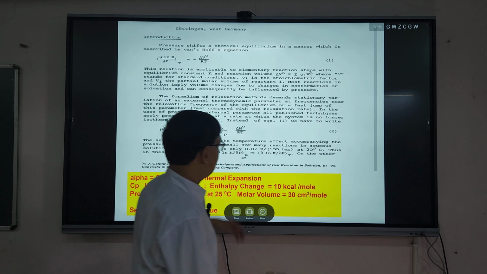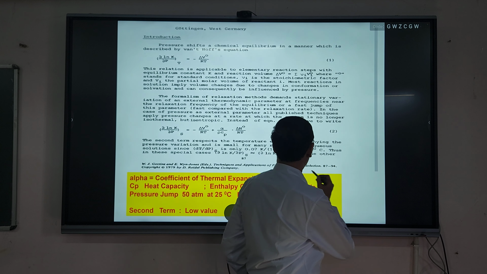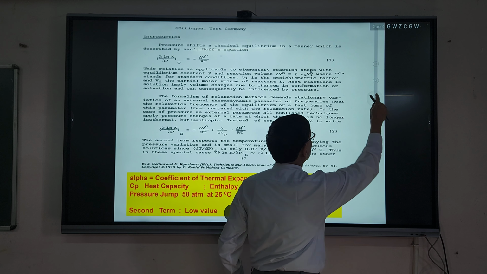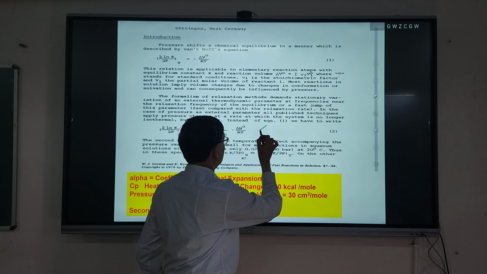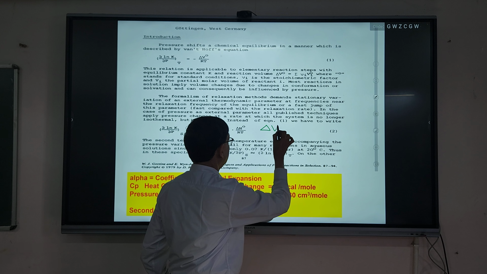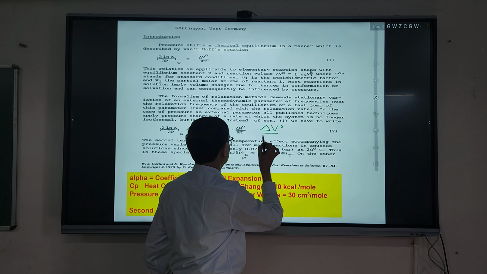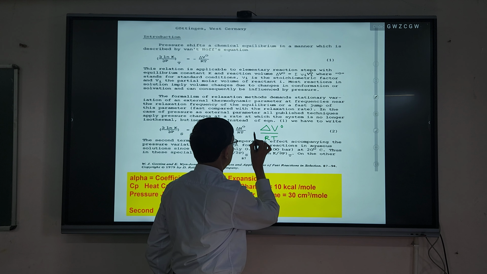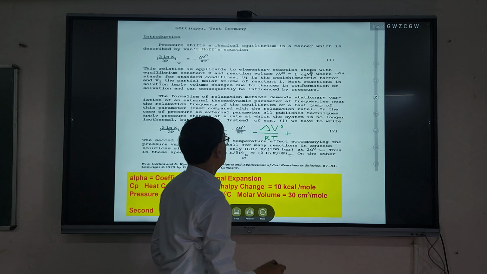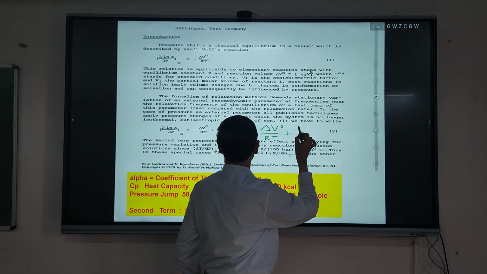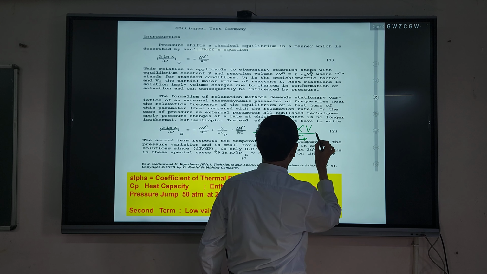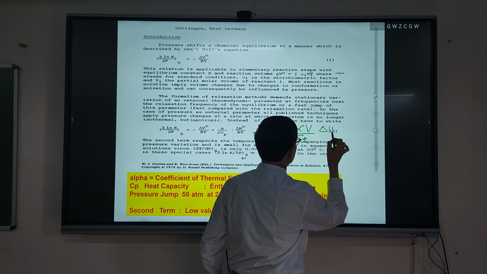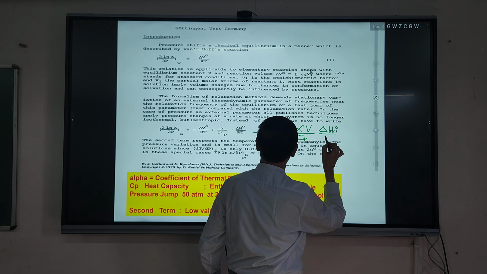One term is molar volume. But there is another term involving alpha, V and volume, Cp, heat capacity, and delta H and RT.